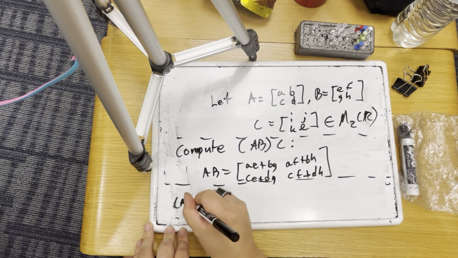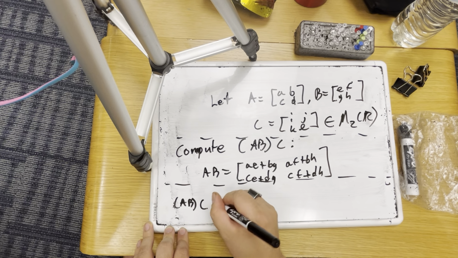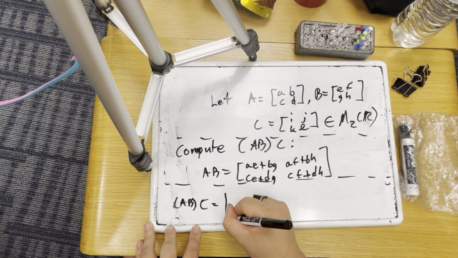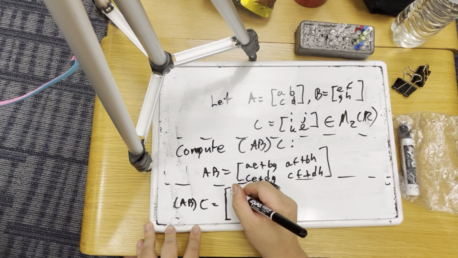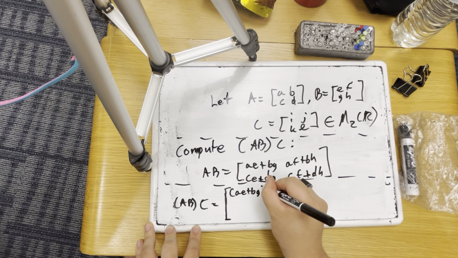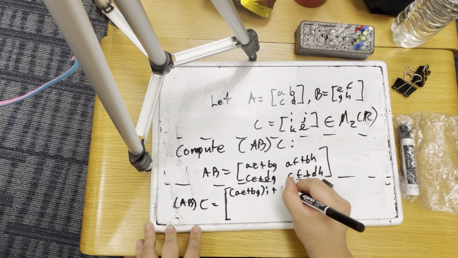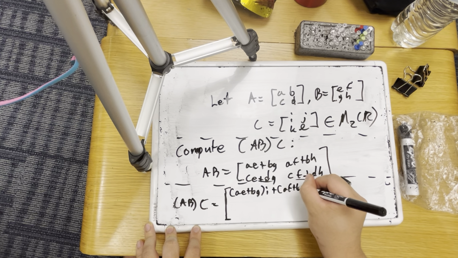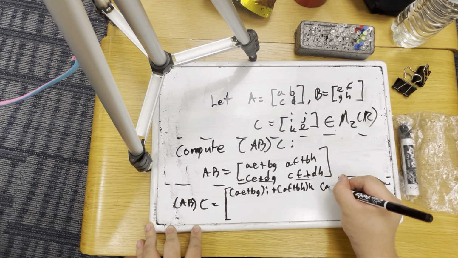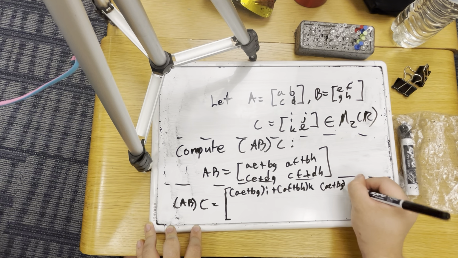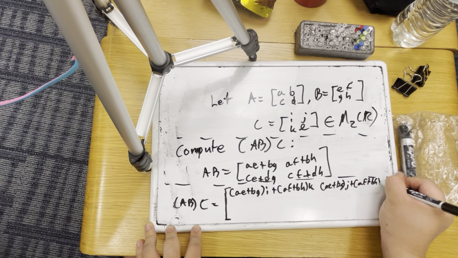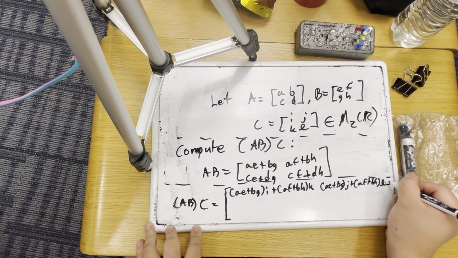(AB) times C is equal to, let's see here, (ae plus bg) times i, plus (af plus bh) times k; (ae plus bg) times j, plus (af plus bh) times l.